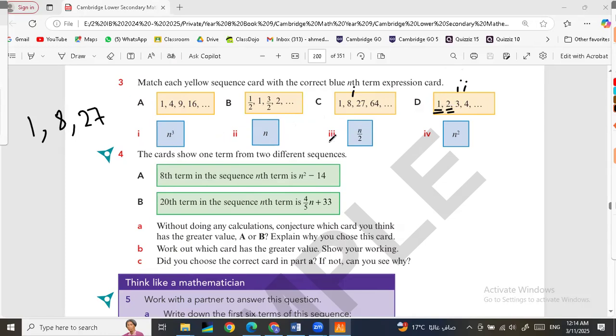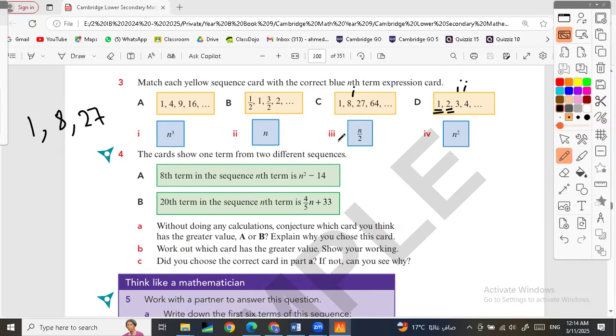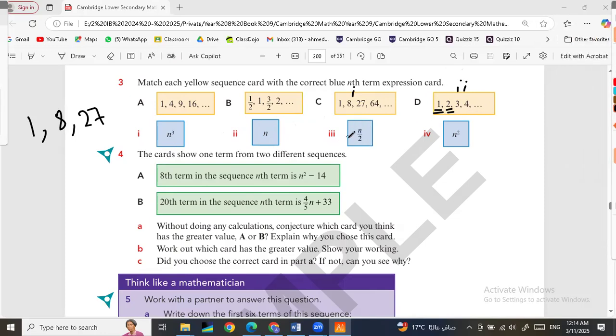All right. The third one, they're saying n over 2. What is n over 2? Well, n over 2 means the first term is 1 over 2. The second term over 2 is going to be 1.